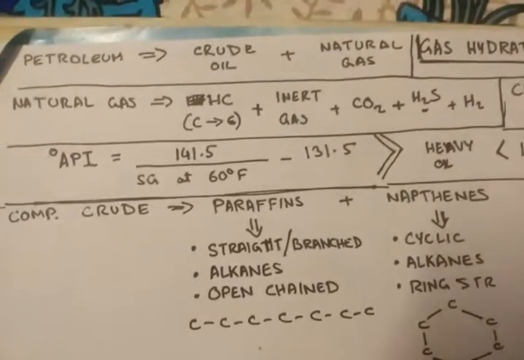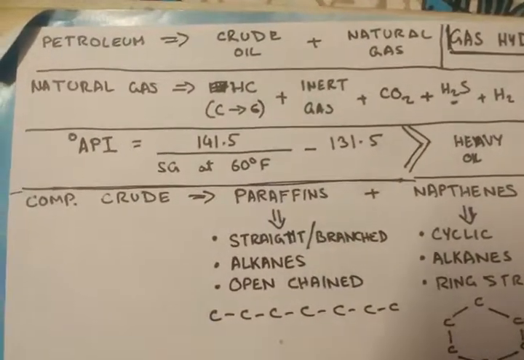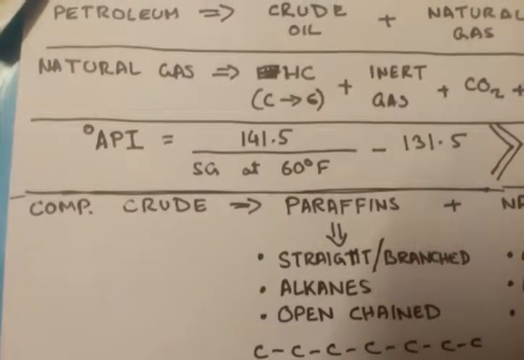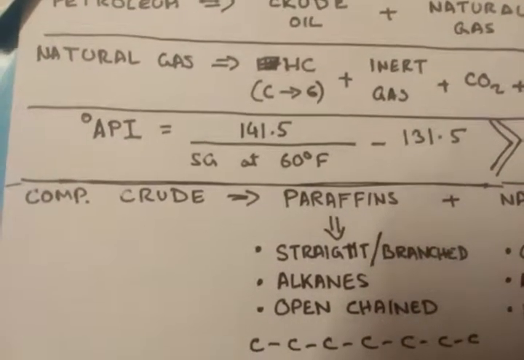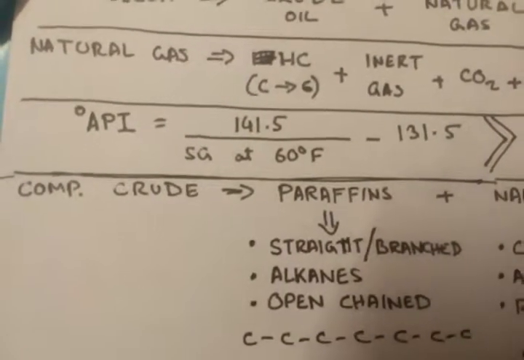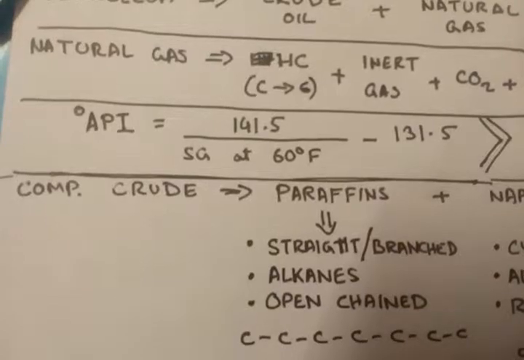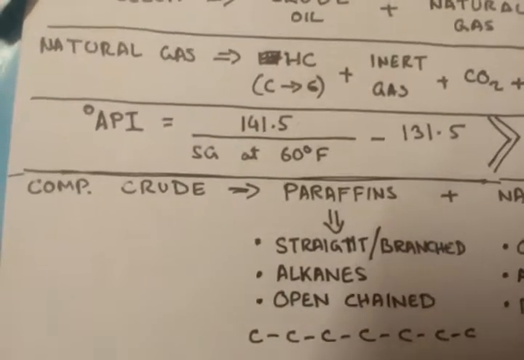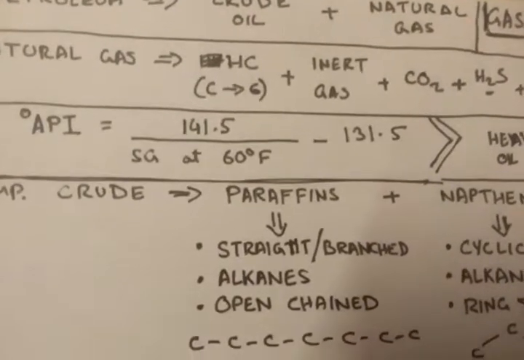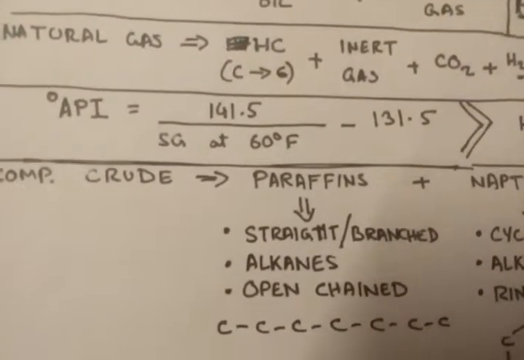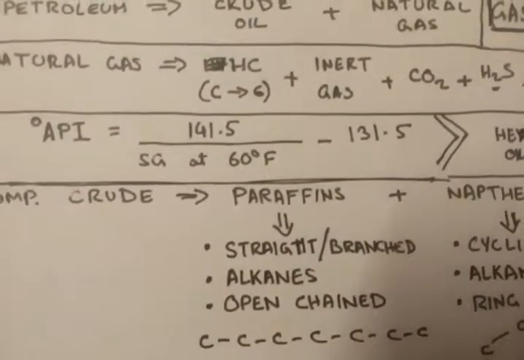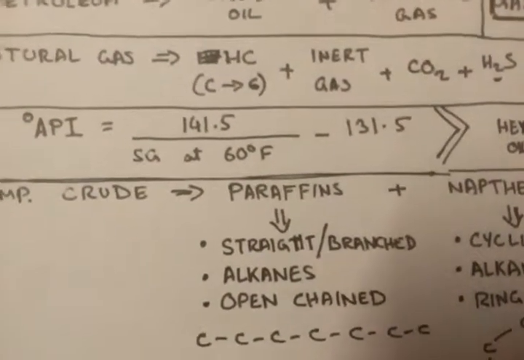Now, unlike the density of other materials, crude oil density is measured in API units, so there is degree API. The API formula is 141.5 divided by the specific gravity of that oil at 60 degrees Fahrenheit, the whole minus 131.5. You want to basically mug up the formula. The point to be noted here is that the API value of any oil is inversely proportional to the specific gravity of that oil.